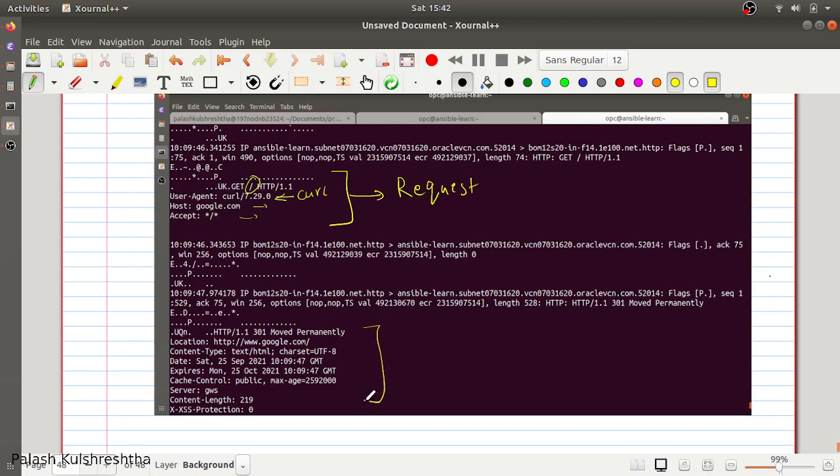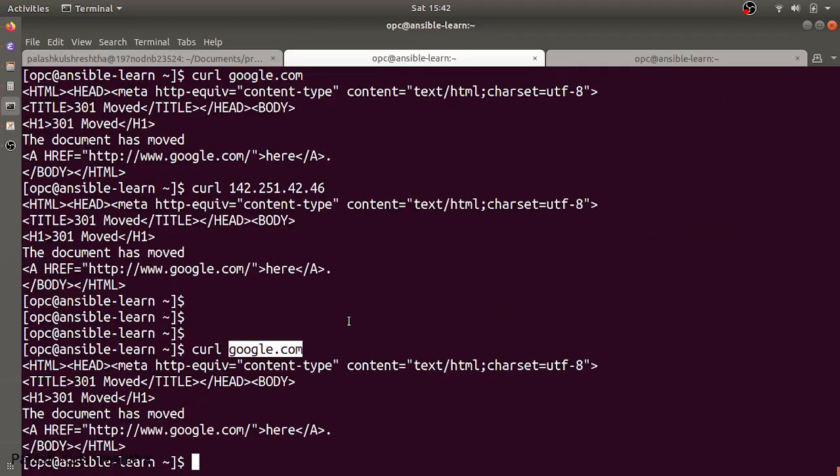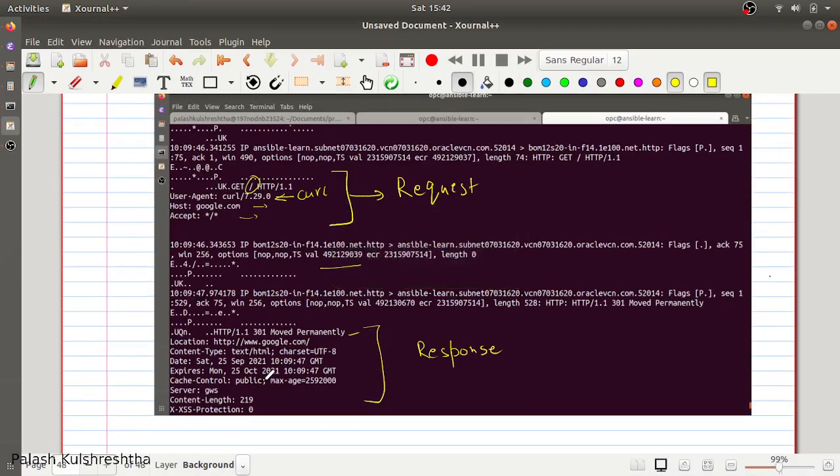And what did we get? This is the request, and this is the response. It says 301 Moved Permanently, and the other set of headers that it has sent.